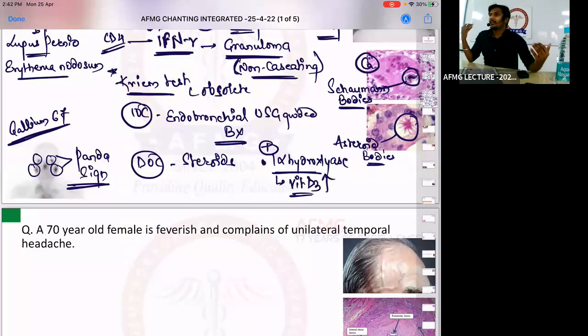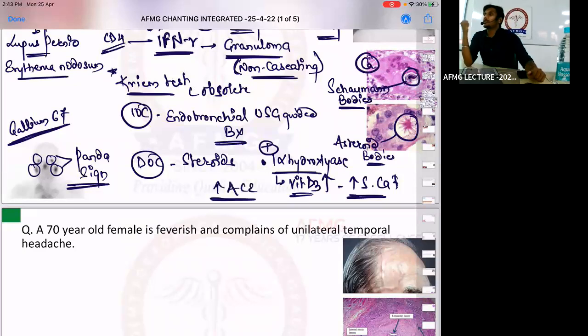So vitamin D levels are high, and therefore serum calcium levels would also be high. So hypercalcemia is seen. Increased serum vitamin D levels are also seen. And which enzyme is elevated? ACE enzyme is also elevated in the patient. So what three things are elevated? First is vitamin D, second is serum calcium, and third, which enzyme? ACE.